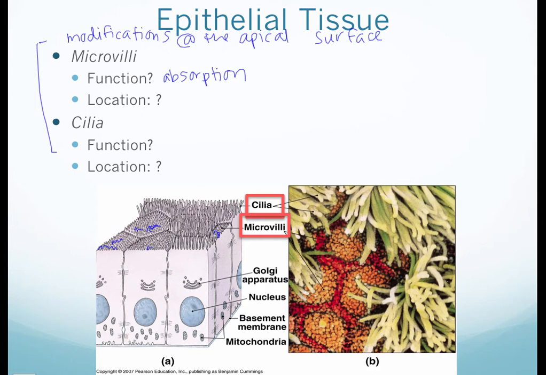Where in your body do you think you're going to find a lot of these? Good, in our digestive system. So we're going to find this within our digestive tract, and specifically within our small intestines.